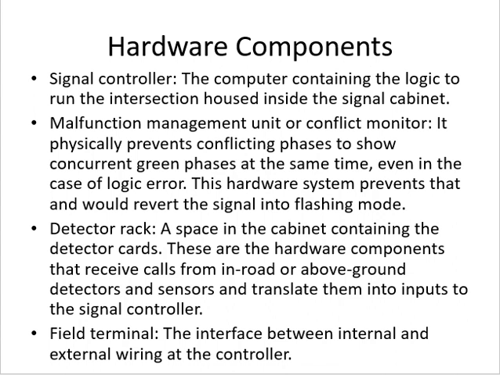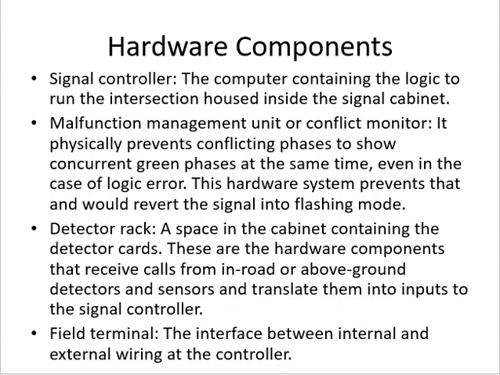So what can be the rules applied by this malfunction management unit? For example, the programmer, like myself, may make a mistake and allow two conflicting movements to have green time at the same moment.